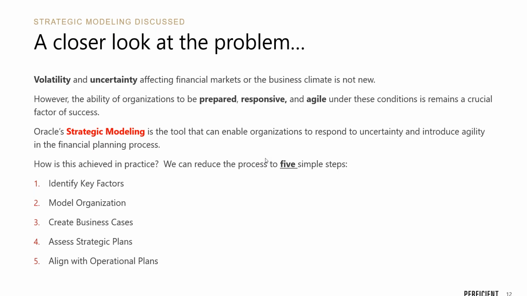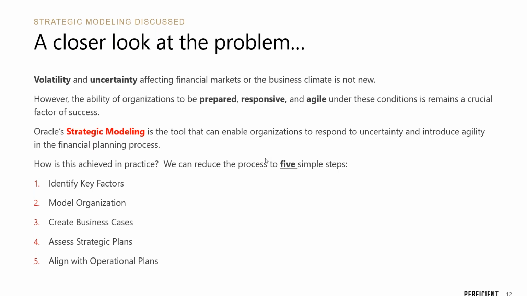So when you think about strategic modeling, we can boil that whole process down into 5 simple steps. Those steps would be identifying your key factors or KPIs, which Annie talked about a few moments ago. It also allows you to model your organization, in terms of you may have business unit A, business unit B, they roll up to business unit C. Basically, what does your organization look like from a hierarchical standpoint?